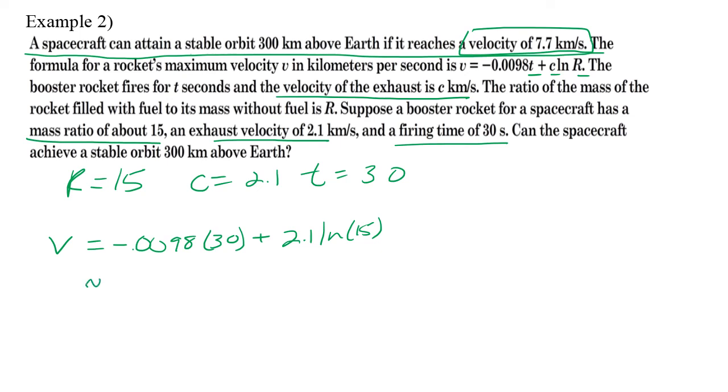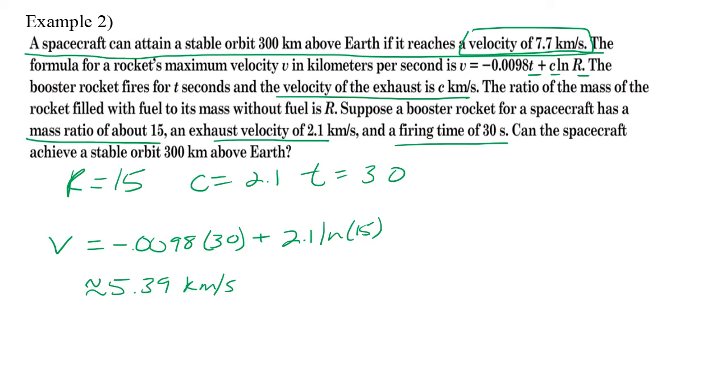It says that this equals, I'm going to make it an approximation, approximately 5 and 39 hundredths. We'll leave it at 5 and 39 hundredths. And so velocity is written in kilometers per second, so this is 5 and 39 hundredths kilometers per second. The thing here is answering the question, can the spacecraft achieve a stable orbit?